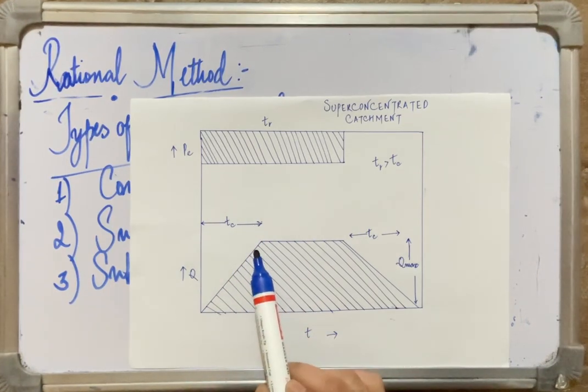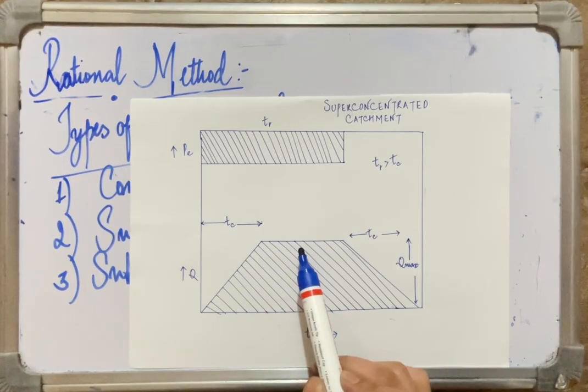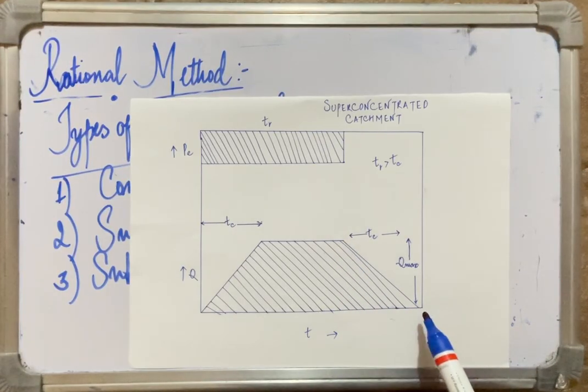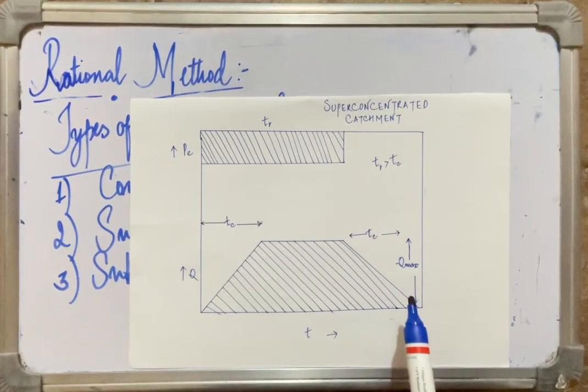After this point, the rainfall continues to occur and the runoff continues with it too. After the rainfall has stopped, the flow gradually recedes to zero. And this is a super concentrated catchment response.